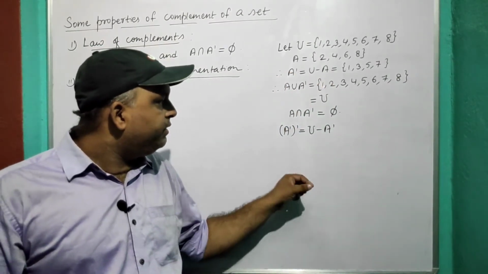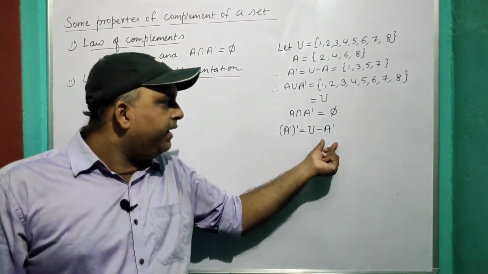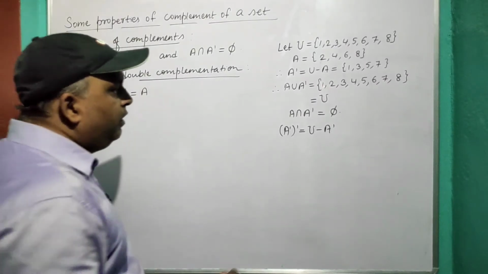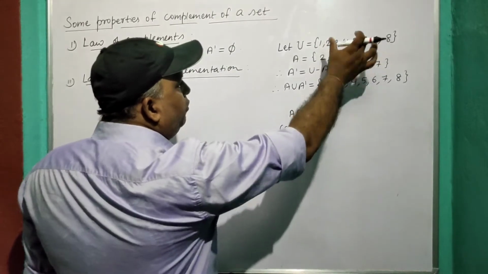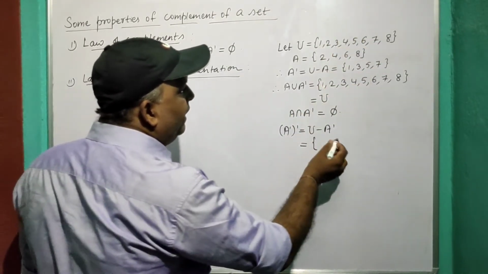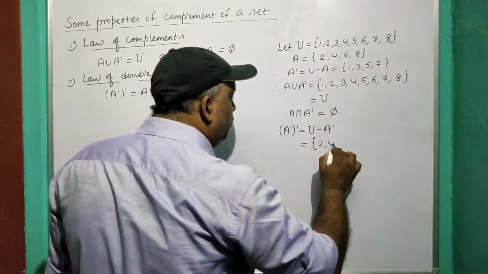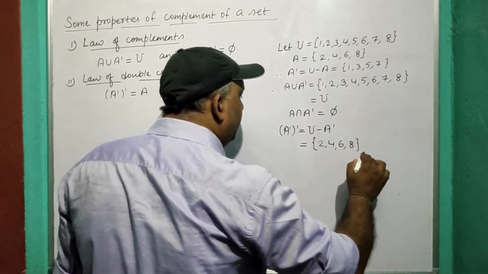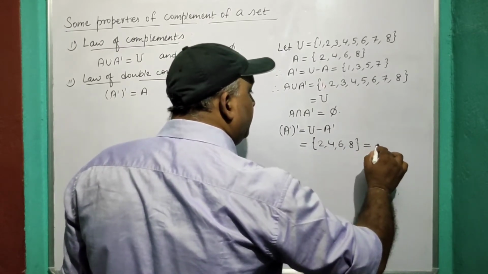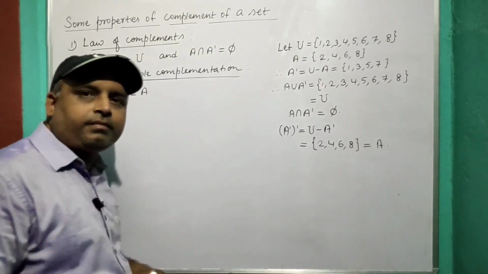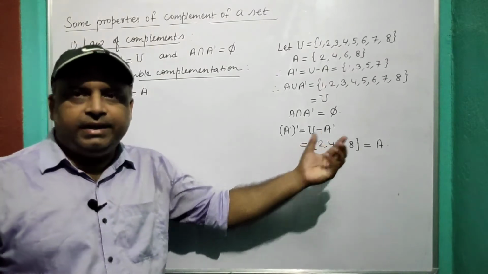Here you can see that I am finding the complement of A dash, so you will subtract this A dash from universal set U. So what do you get? From this U universal set, if you subtract this A dash, it means if you subtract this 1, 3, 5, 7, you get 2, 4, 6, 8. And this 2, 4, 6, 8 is nothing but set A. Okay, so this is U minus A dash.